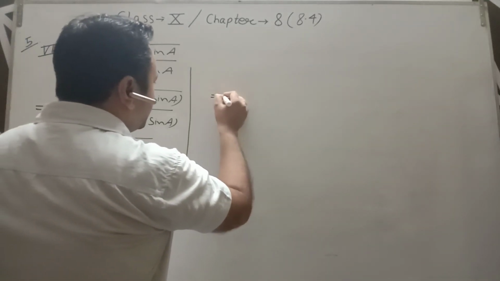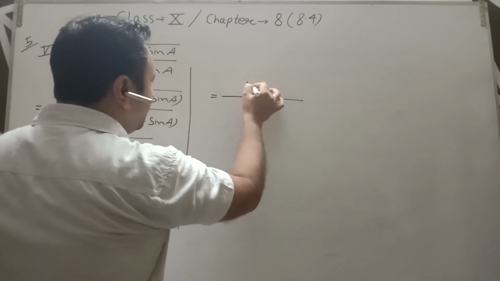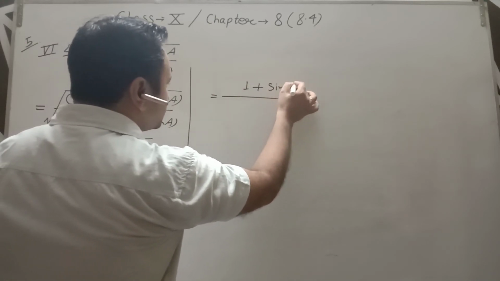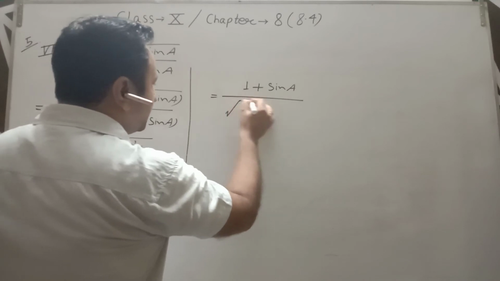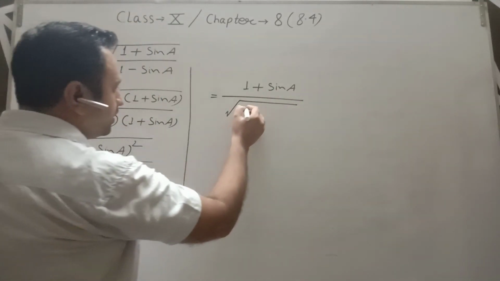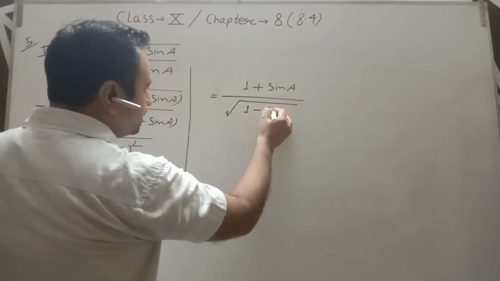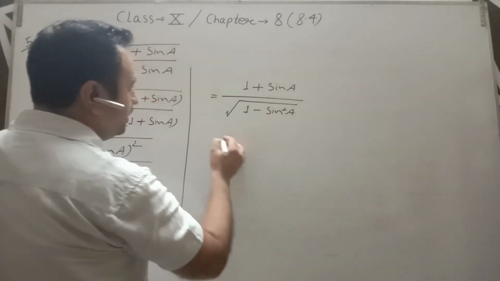So we just note down numerator is only 1 plus sin A, and the denominator is 1 minus sin square A in the under root.